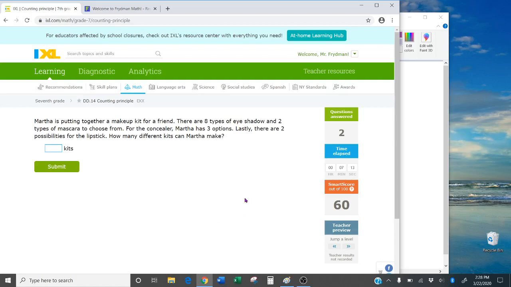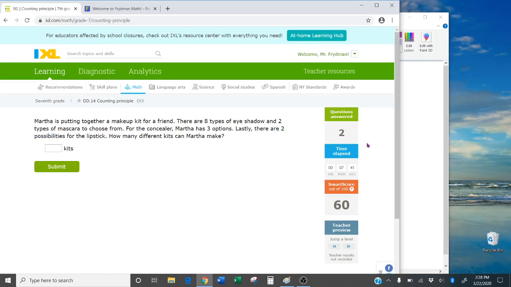Okay, and this works even if there are more than 2 numbers here. So if I have 8 types of eyeshadow, 2 types of mascara, 3 types of concealer, and 2 types of lipstick, how many different combinations of eyeshadow and lipstick and concealer and mascara can I make?